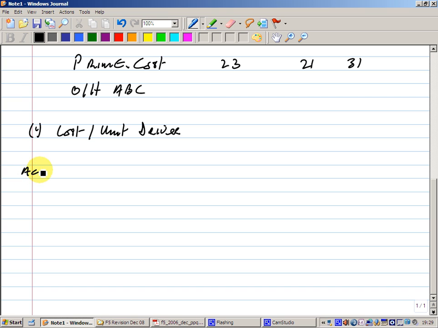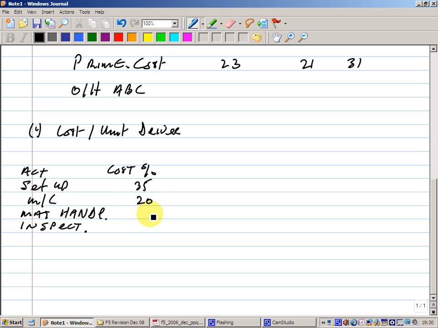What we're told is we have activities: setups, machining, material handling and inspections. I'm abbreviating these, that's quite acceptable. We're told that the cost percentage is 35, 20, 15 and 30. That obviously adds to 100.